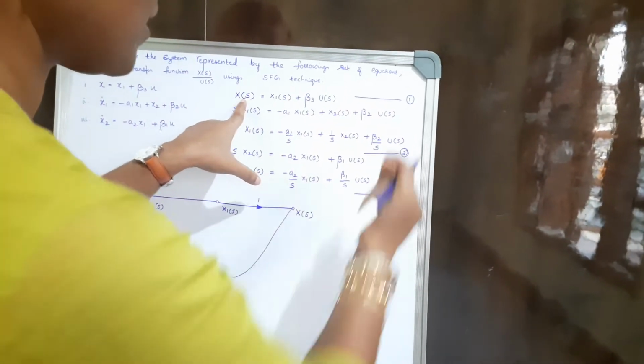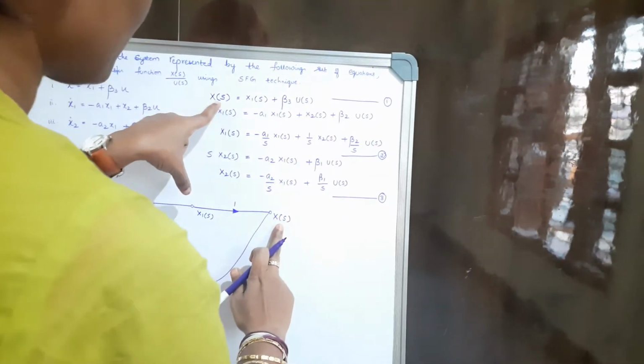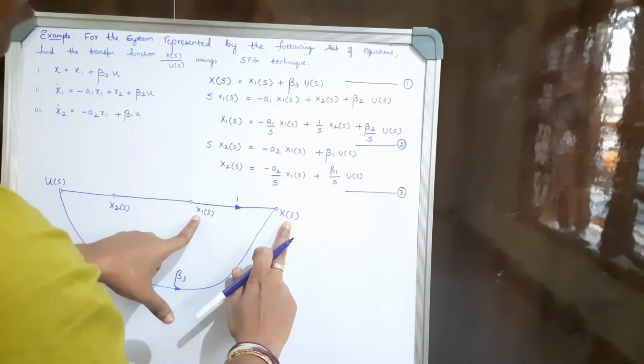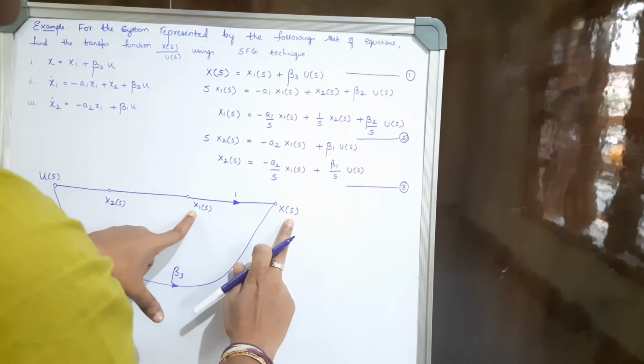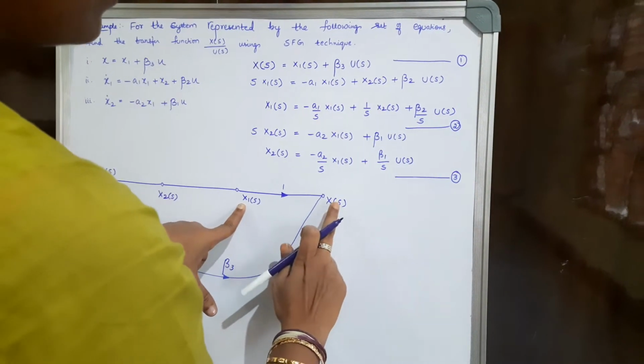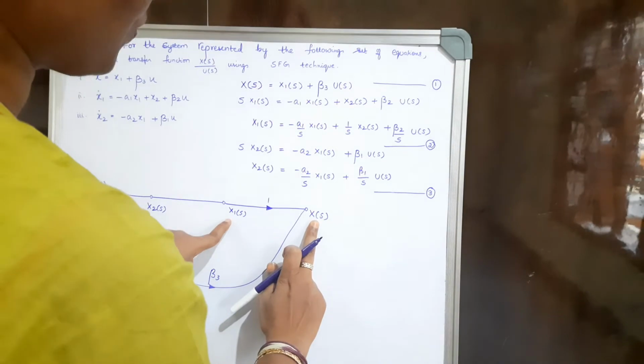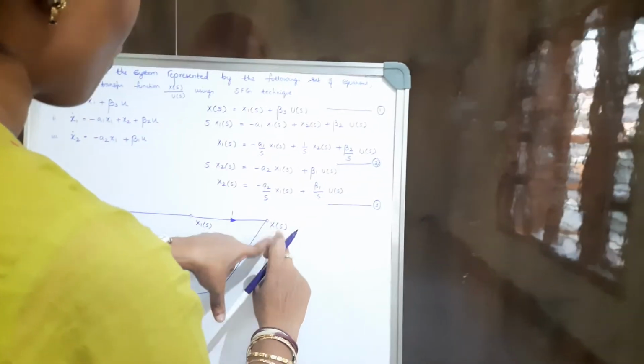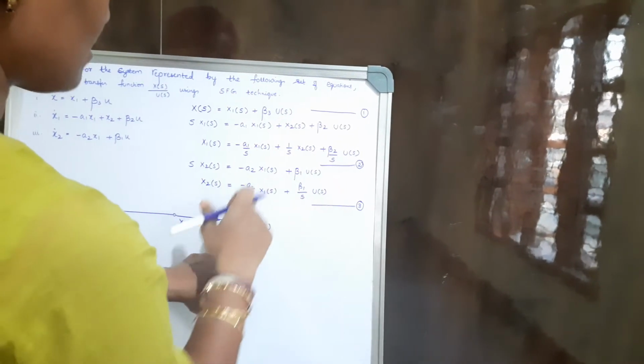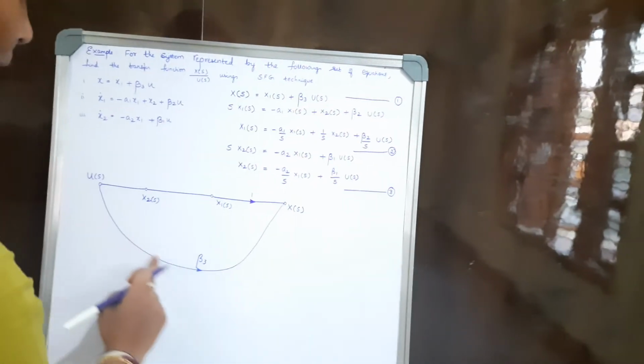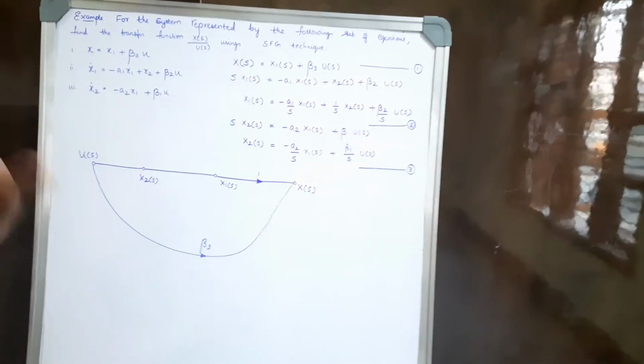This is the first equation. That's why I wrote this as X1(s), because X(s) is the output node and I can't change it. So this is how I have drawn it.